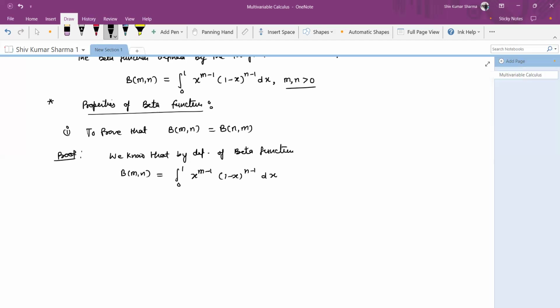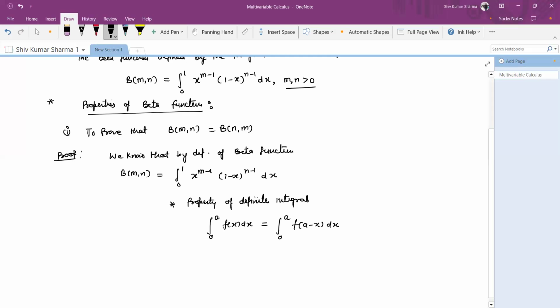So we have one property of definite integral. So we use this property here. The property is that integral limit 0 to a f(x) dx can be written as integral 0 to a f(a minus x) dx.